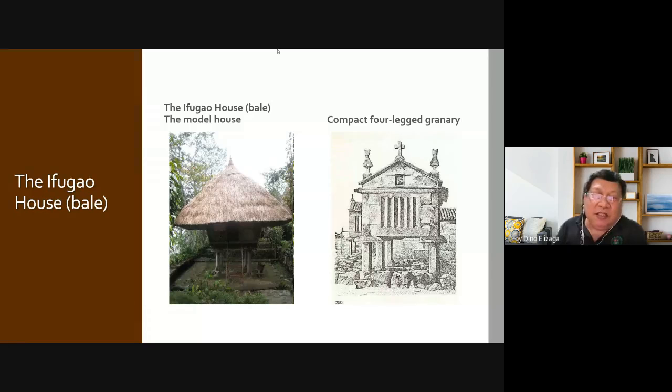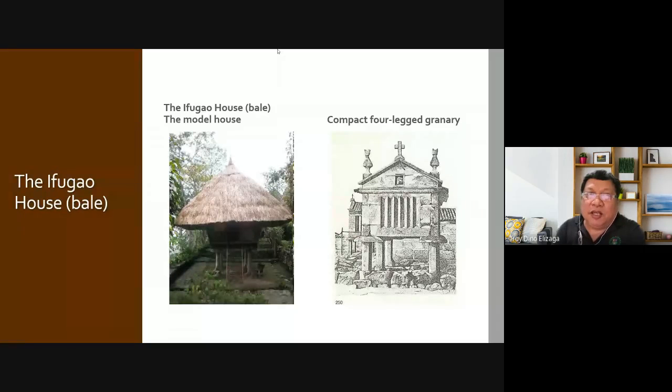But when they started doing this, of course, it looks very sloppy, and then they just keep on improving. Now, the Ifugao house was said to be inspired by the four-legged granary. So these are storage for rice.